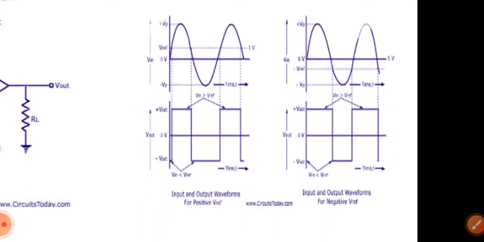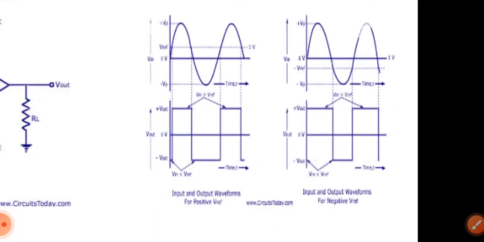How to get the input and the output waveform for the positive V reference? When Vin is less than V reference, how does the waveform come? We are going to see that one. It is in the small clamped. This is a clamping. That time it is decreasing.